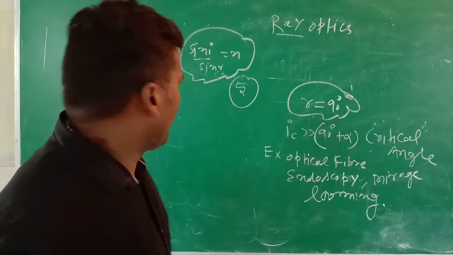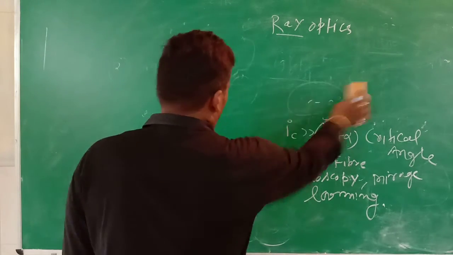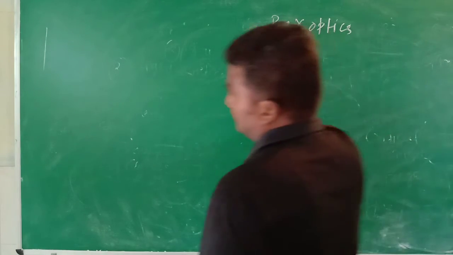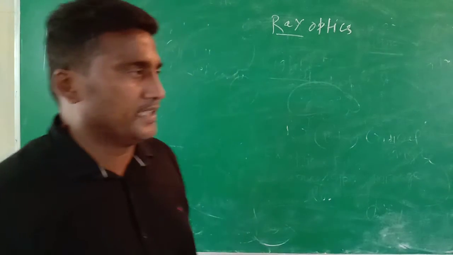Now we discuss another important property of light, which follows wave optics. Light shows interference, diffraction and polarization.